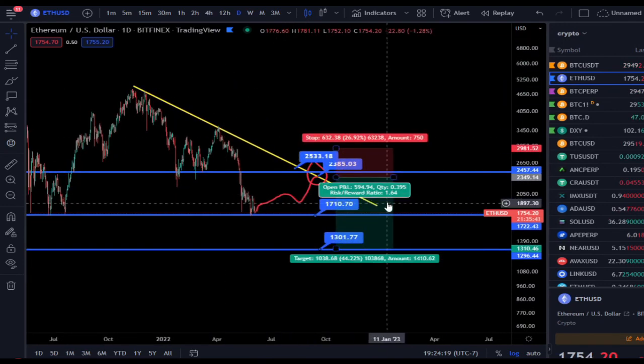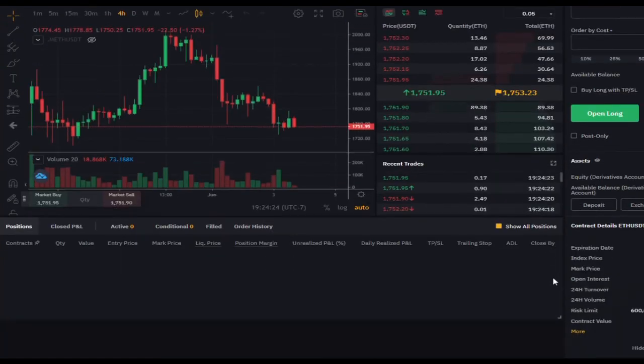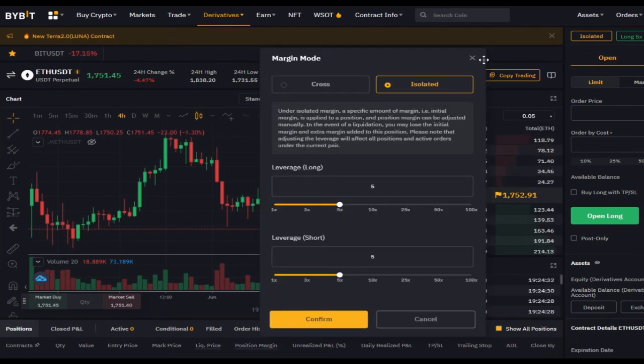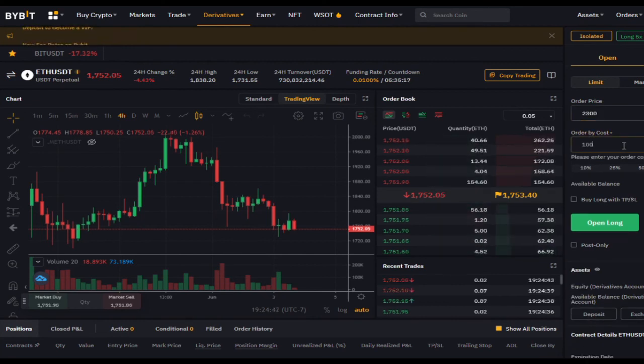And so obviously we're a ways away from that price of 23.85, but we can still put it in. So we come here, and remember, we're going to set it up the same way, except we're going to hit open short this time. So isolated, yep. And what leverage are we using? 5, that's fine. And the price was let's call it 2,300, and let's just say we put in $100, and we are going to sell short, right?